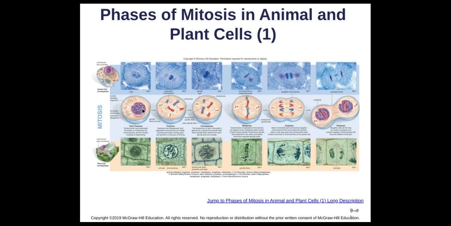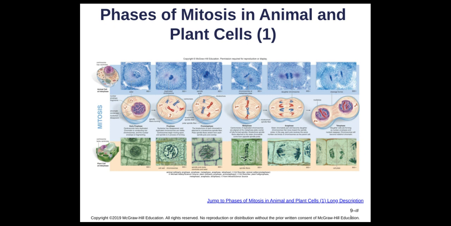The nuclear envelope is going to disappear. Our centrosomes are going to connect to these kinetochores on these condensed chromosomes in prophase. In prometaphase, we're starting to line them all up, and that connection is being made. And then in metaphase, they are all lined up in the middle. Those chromosomes are in one straight line.